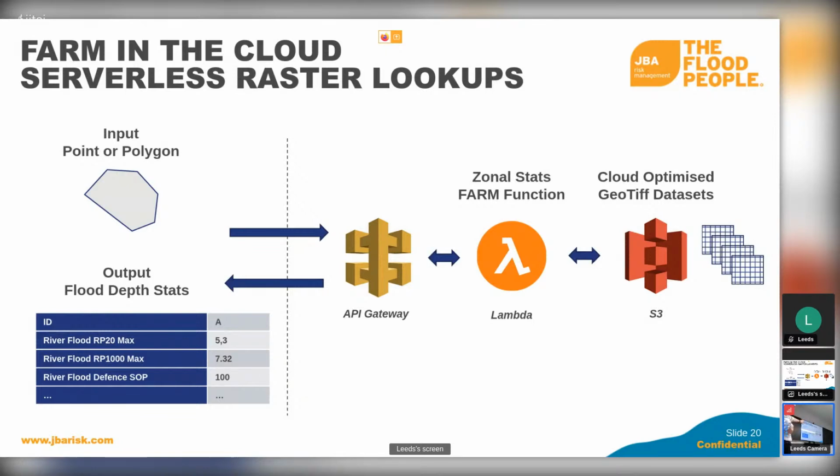So the polygon is applied to the API. The zonal stats function coordinates things and sends a bunch of requests to look up the data in the rasters. The data in the rasters is returned, processed by the zonal stats function, and sent back. What you get back is a bunch of flood depth statistics for the different flood types, for the different severities, and information about river defences. And this works quickly and efficiently too.